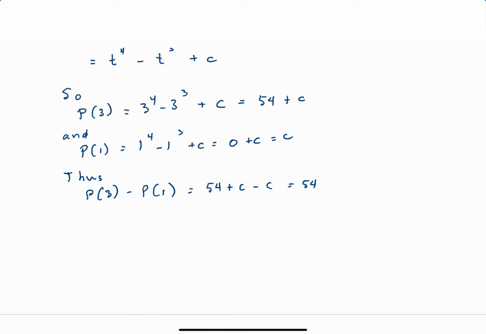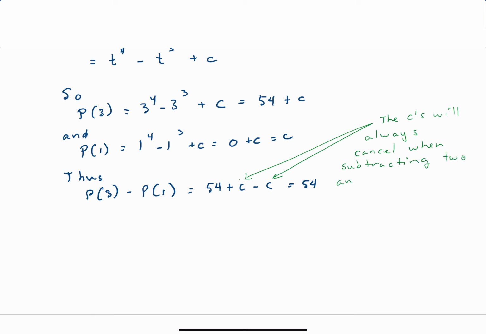And something to note is that the c's will always cancel when subtracting two antiderivatives.